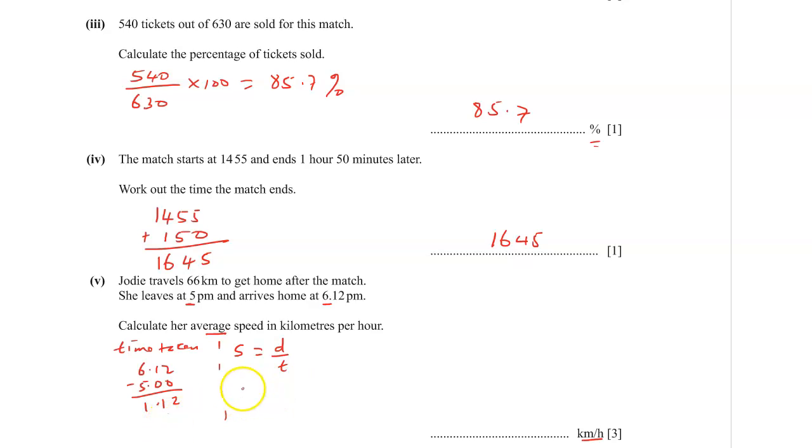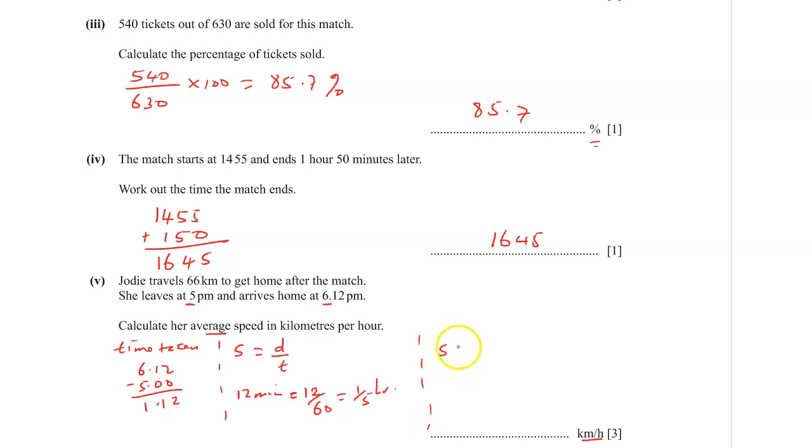So 12 minutes into hours: 12 divided by 60 to change that into hours. What you get here is a fifth of an hour.